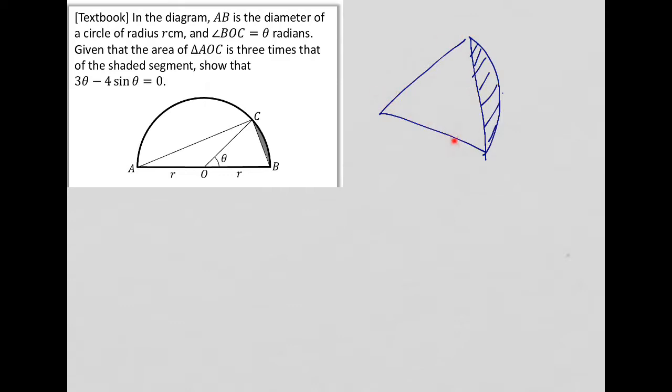So it's the area of the sector, take away the area of the triangle. I'll write that down. So area of segment equals the area of the sector, subtract the area of the triangle.